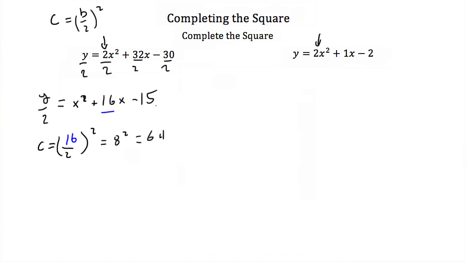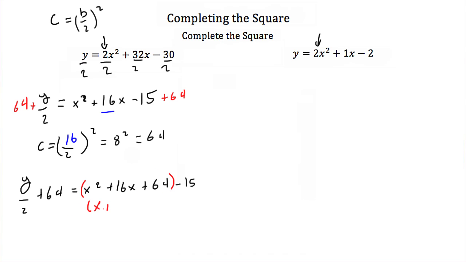Which means we're going to add 64 to both sides of this equation. And if we do that, we get y over 2 plus 64 is equal to x squared plus 16x plus 64 minus 15. This here is our perfect square trinomial. If we factor that, it'll become x plus 8 times x plus 8, or (x plus 8) squared.